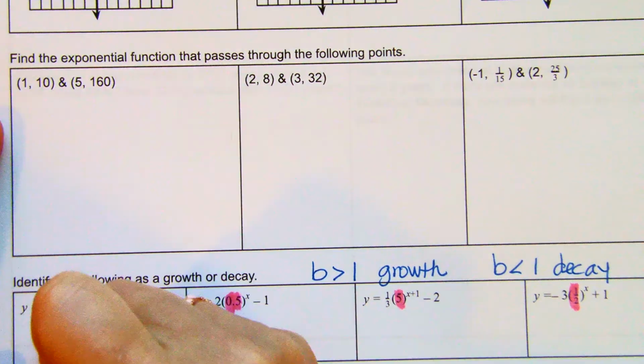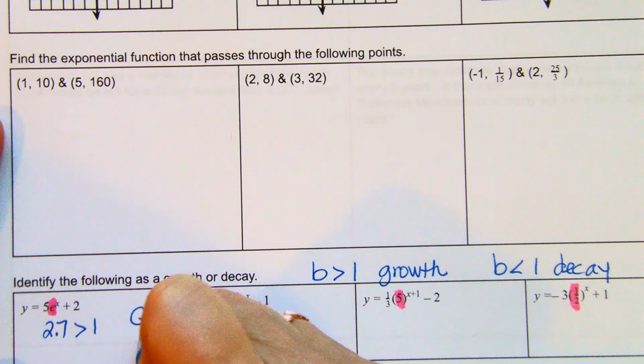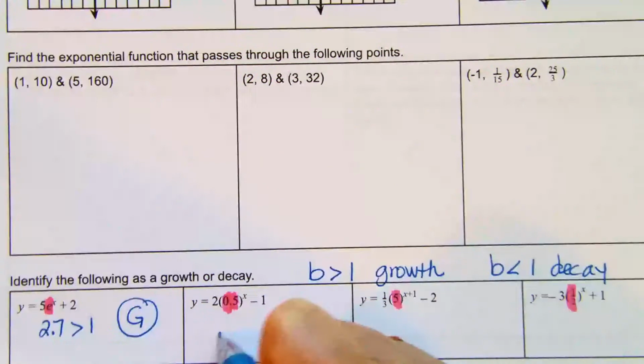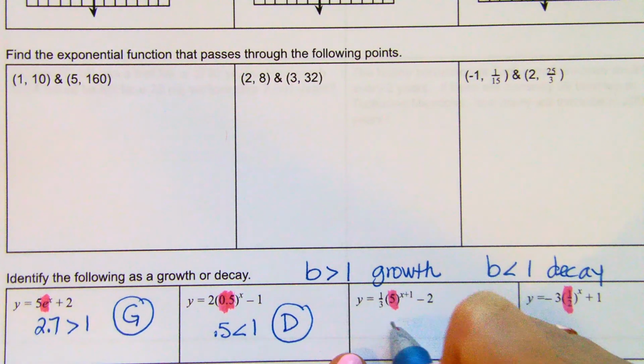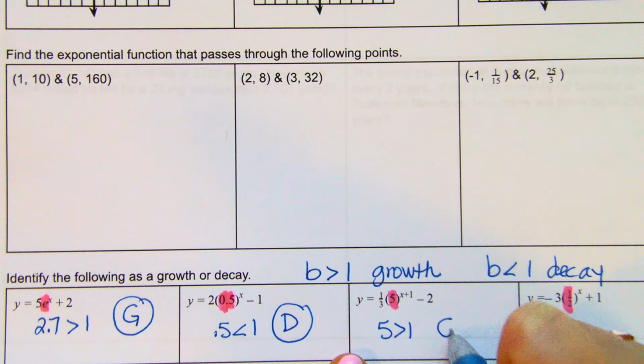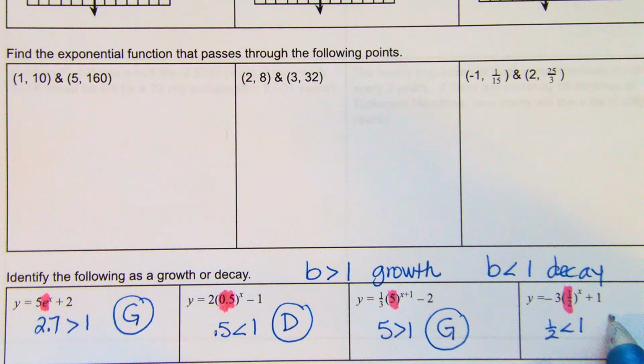So e is 2.7. So since that's greater than 1, it's growth. 0.5 is less than 1, so it's decay. 5 is greater than 1, it's growth. And 1/2 is less than 1, so it is decay.